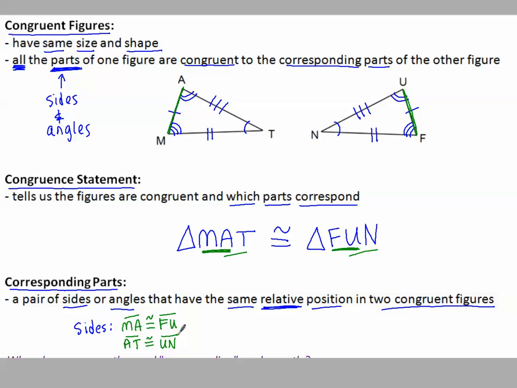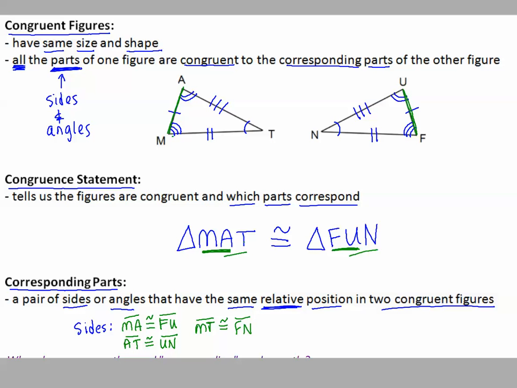But then there's a third side given by the first and the third letter, M and T. MT makes this double slash side, so segment MT is congruent to, well, the double slash side in the picture goes with this one, F and N. And now we've listed all of the corresponding sides.